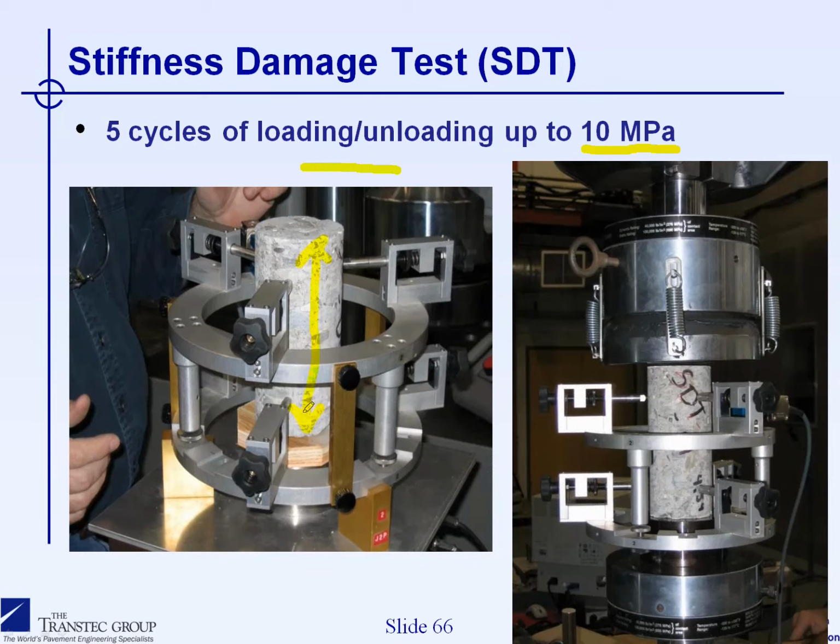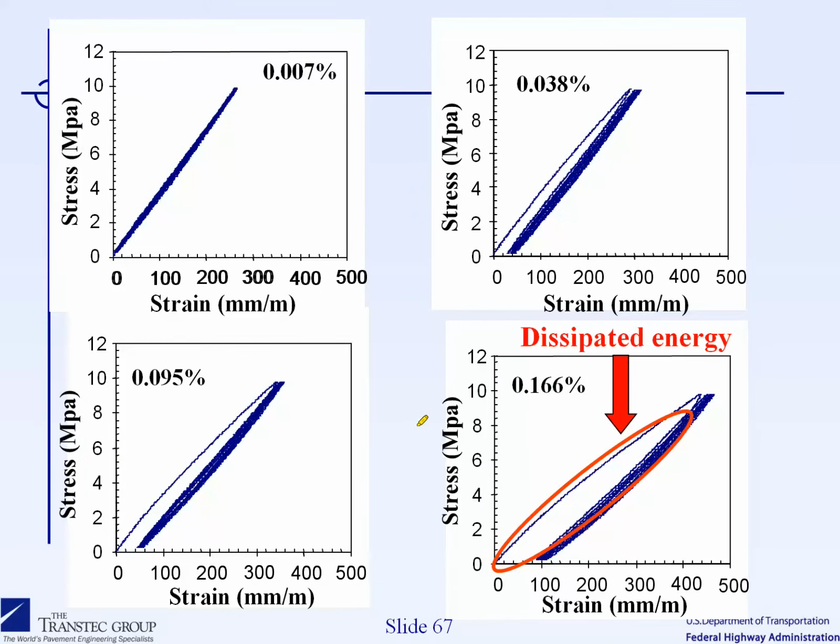So this is basically a very interesting test where you determine a modulus of elasticity, and this graph shows the progress of the stress-strain curve as a function of the expansion of the concrete that is being tested.